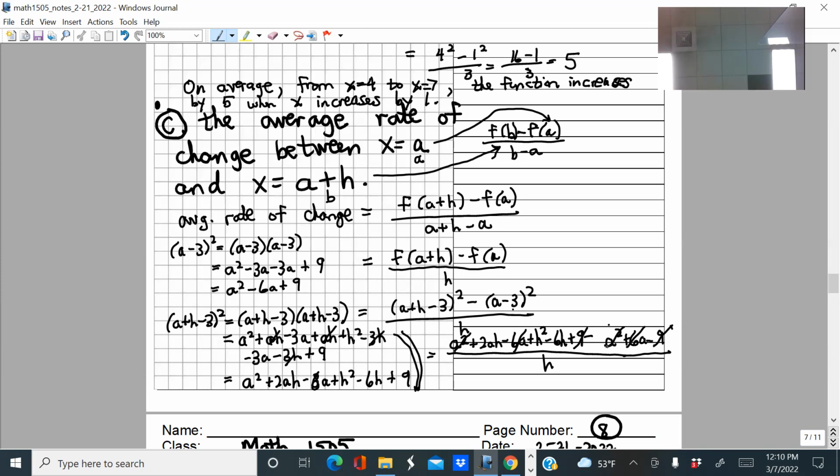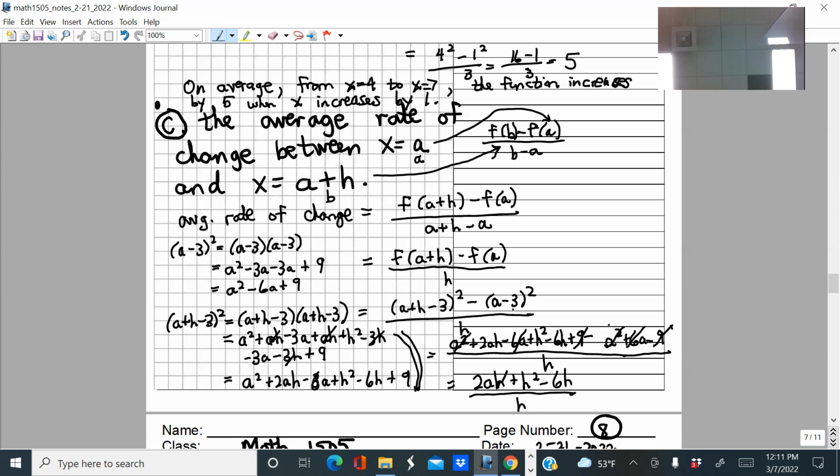Wow, what's left here? Not much. 2ah, right? Plus an h squared minus a 6h. Is that it? This, and this, everything else is gone. All of that divided by h. And that's nice because look, every term in the top has an h in it.